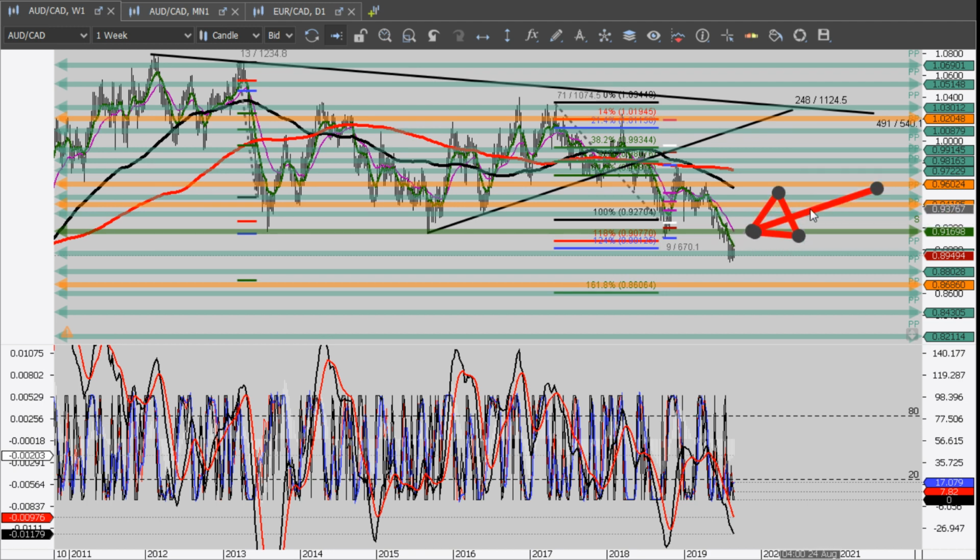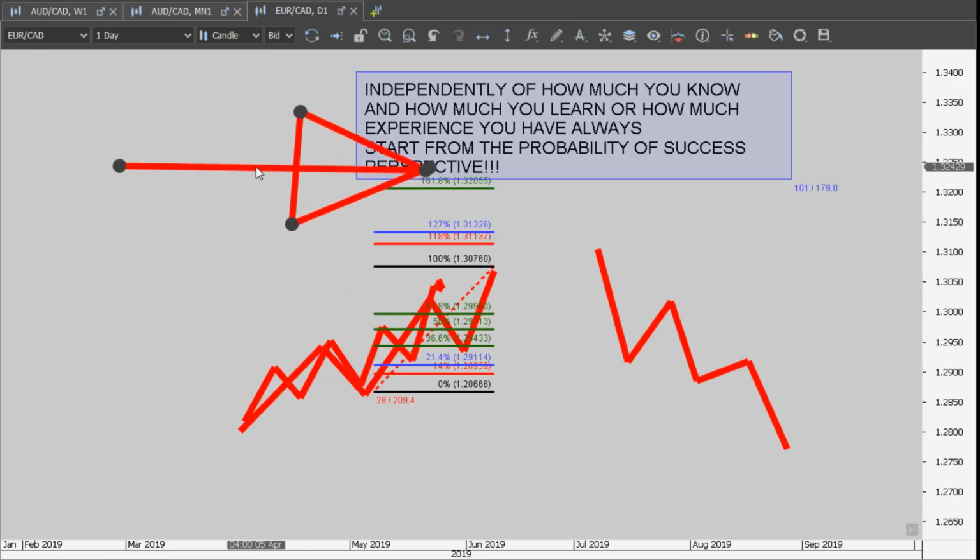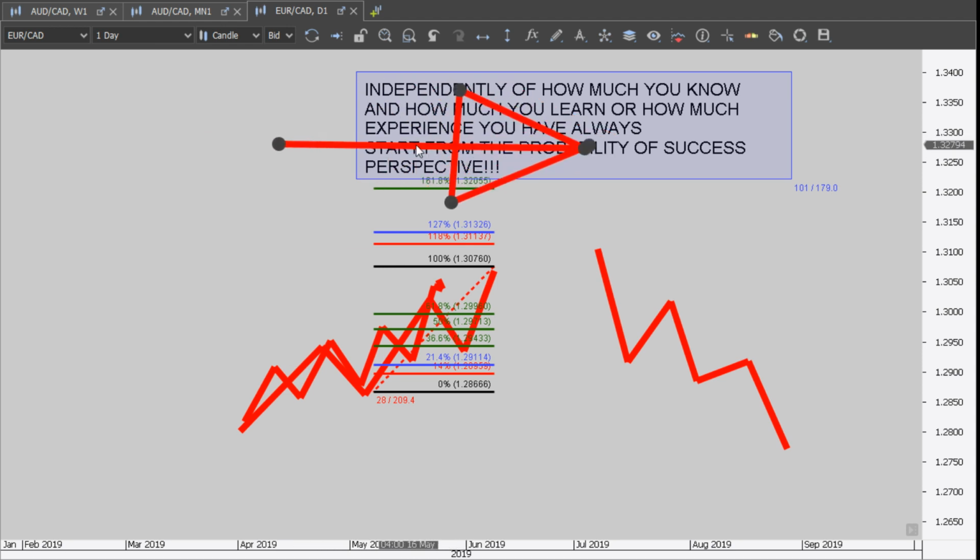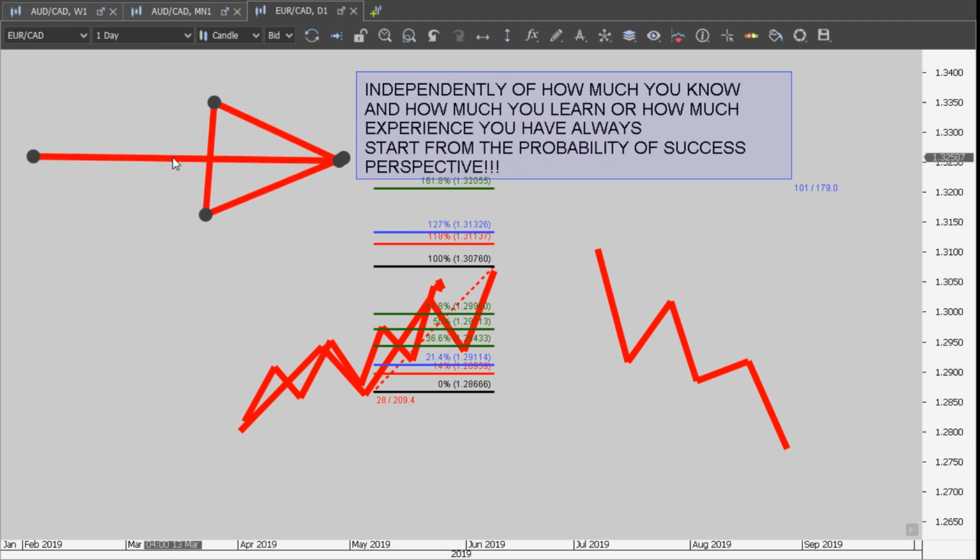Before you enter a trade in here, and you have the Fibonacci's and structures and SMA, dual moving average crossover, original Fibonacci, contrarian Fibonacci, pivot points, resistance, support, and you have the MACD and 2 stochastics. You need to start and you need to obey, you need to enter from the perspective of the probability of success.